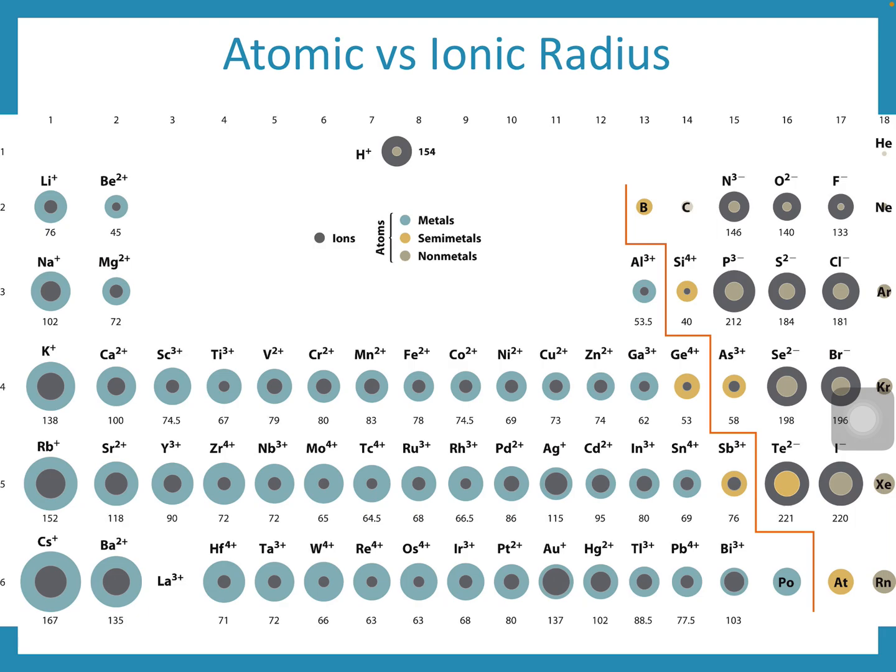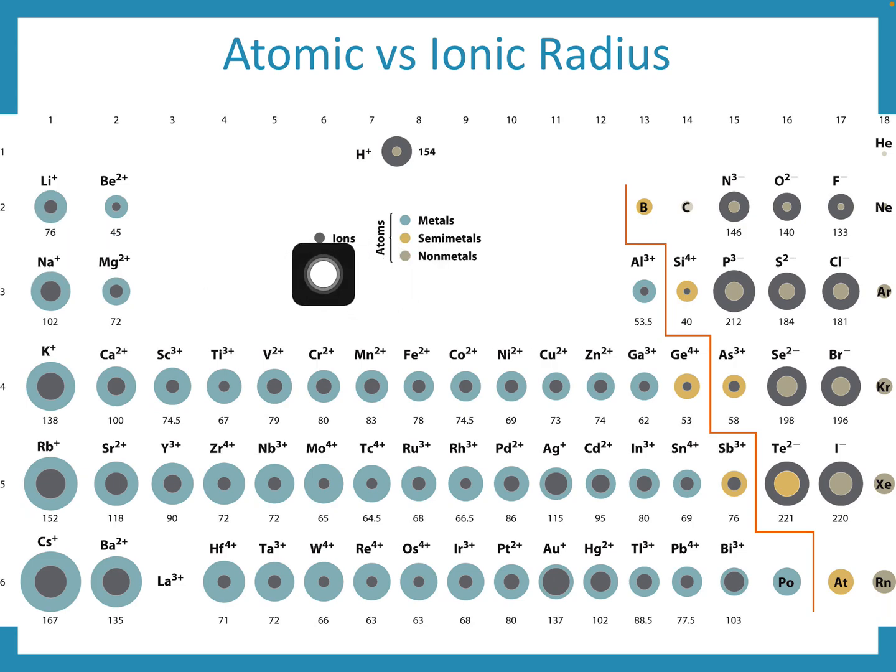Okay, so the last trend we're going to look at is within one element, making a comparison between an atom and an ion of that element. So we were just talking about lithium, and lithium, when it's an atom, has 2 layers of electrons, so it's in the second period, so 2 electron shells. But when it becomes an ion, it loses the 1 electron in the outer shell and then has 1 less shell.